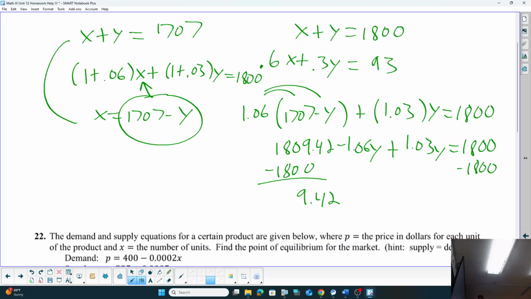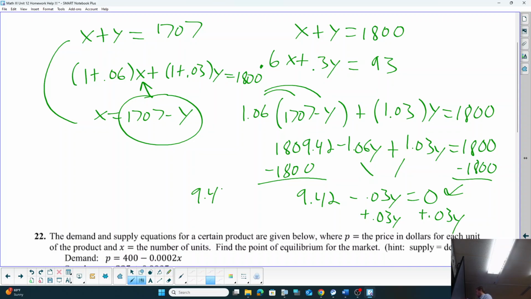And then we're going to go ahead and add those two together, the negative 1.06, 1.03. So those together will give us the negative 0.03y. And now it's going to equal 0 because 1800 minus is 0. And now we'll add the 0.03y to the other side. Almost there.